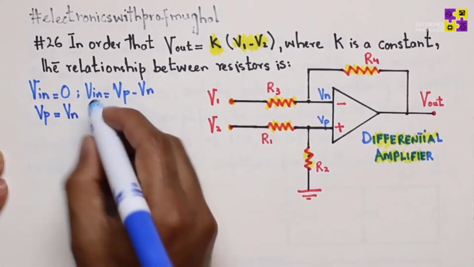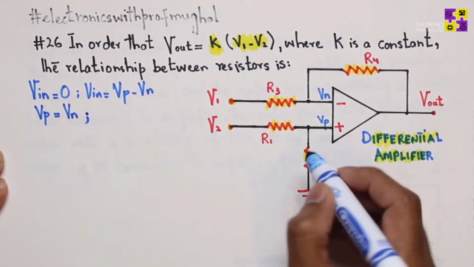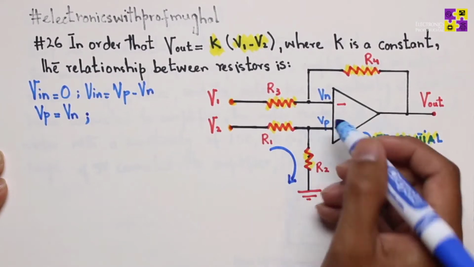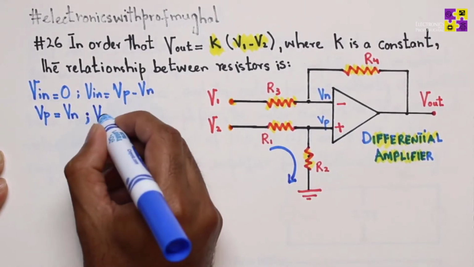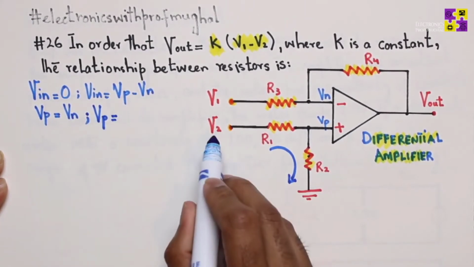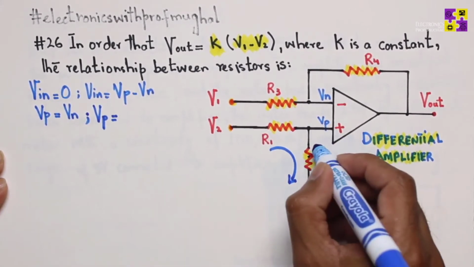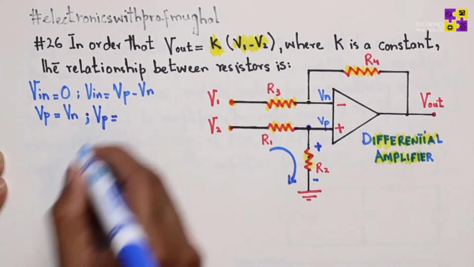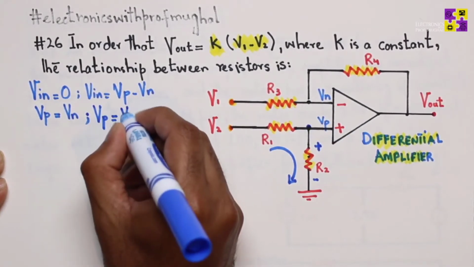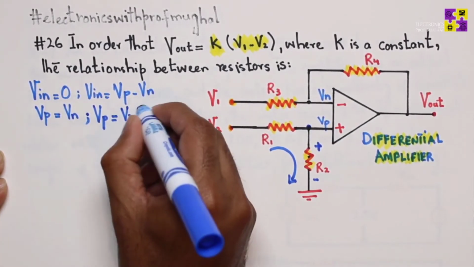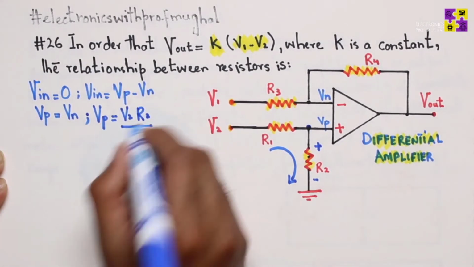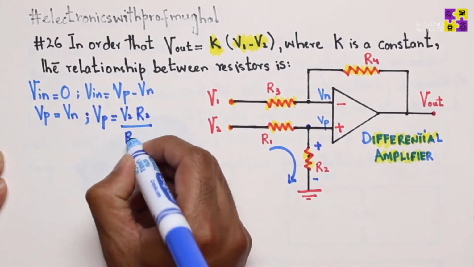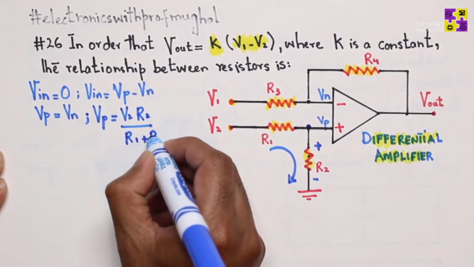Now Vp is easy to find because I can just apply a voltage divider here. So Vp becomes V2 times R2. Whatever the voltage is here, the same voltage will be at Vp. So V2 times R2 divided by the total resistance, which is the sum R1 plus R2.